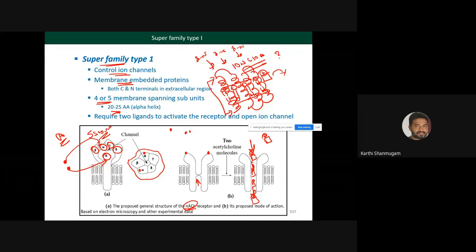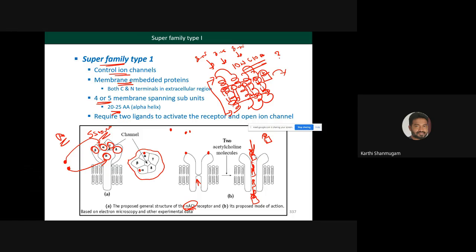What is the endogenous ligand molecule which activates the acetylcholine receptor, which goes and binds to the alpha subunit? Acetylcholine. Okay.